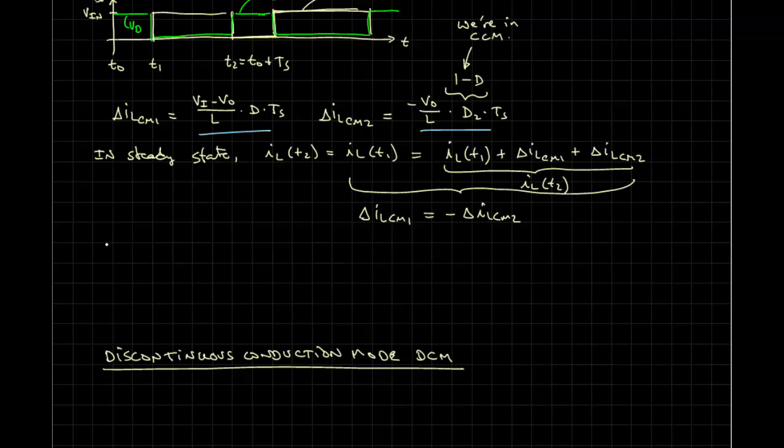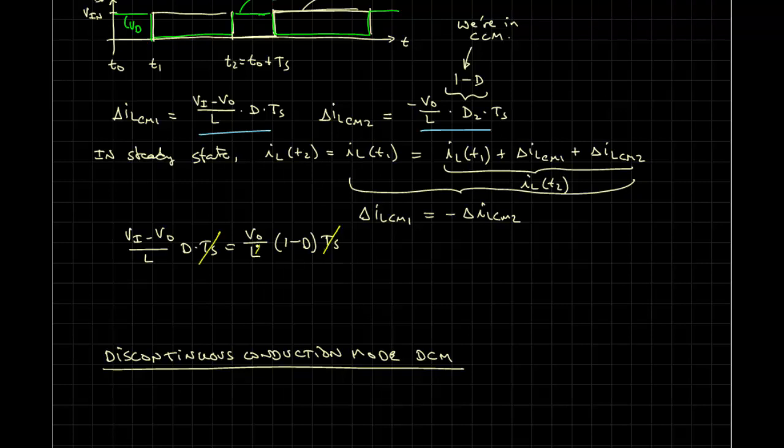So using these two expressions, and noting that we have Ts that's common to both of them and L, we can write that Vi minus Vo, of course I'll write it over L, D Ts is equal to Vo, not minus Vo, because we have a minus delta IL CM2, times D2, which we've already noted is 1 minus D times Ts.